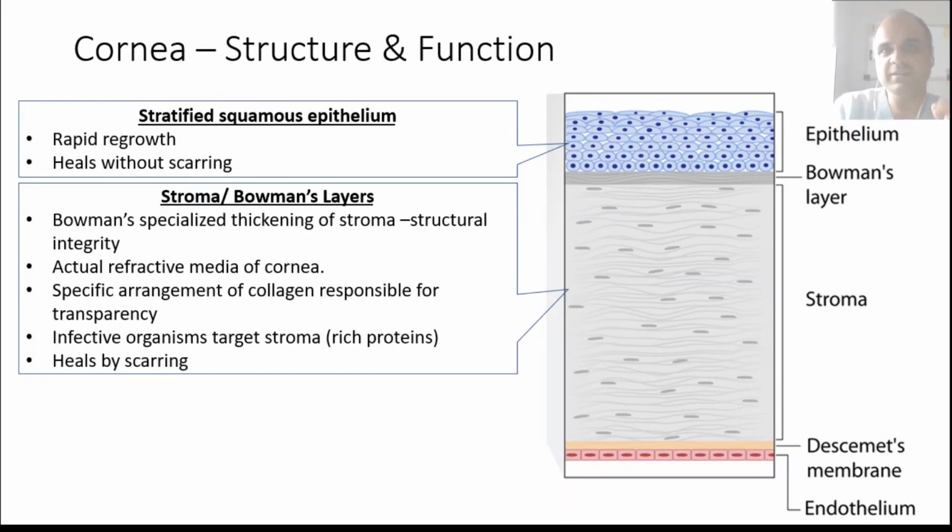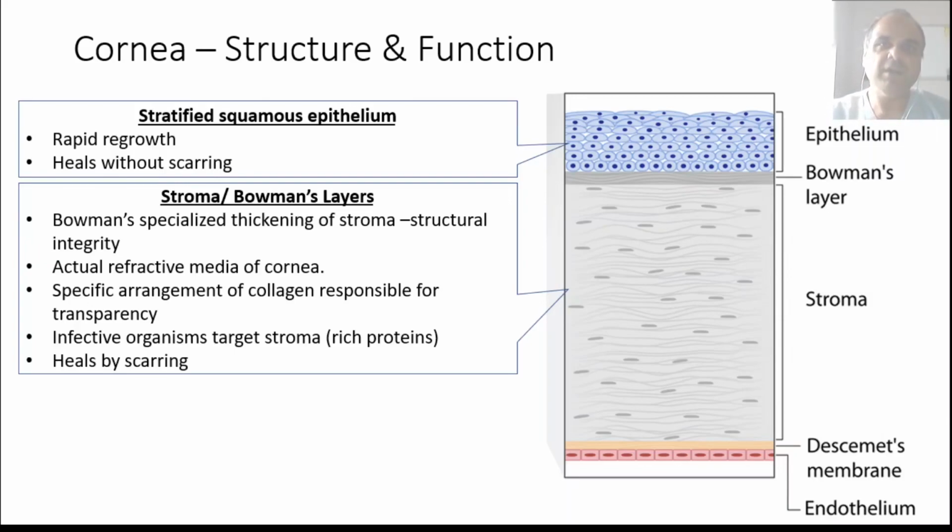This is the place where your infective organisms want to reach, because this is the place which has the proteins which these organisms need to replicate. And remember, if we are talking about an infectious keratitis, the only reason these organisms want to get here is because they want to replicate. Like all living things, procreation is the ultimate aim, and those organisms are coming here just to increase their number.